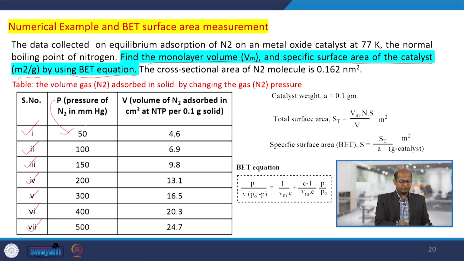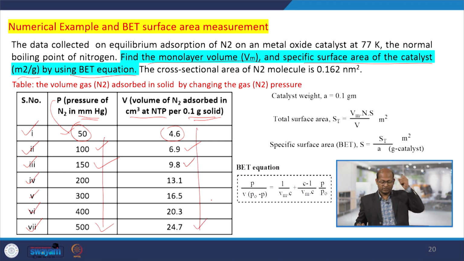When the pressure was this many millimeters of mercury, this many cubic centimeters of nitrogen were adsorbed for this amount of catalyst. So, as we increase the partial pressure, the volume of nitrogen gas adsorbed gradually increases, as shown here from the experimental data for a particular catalyst.